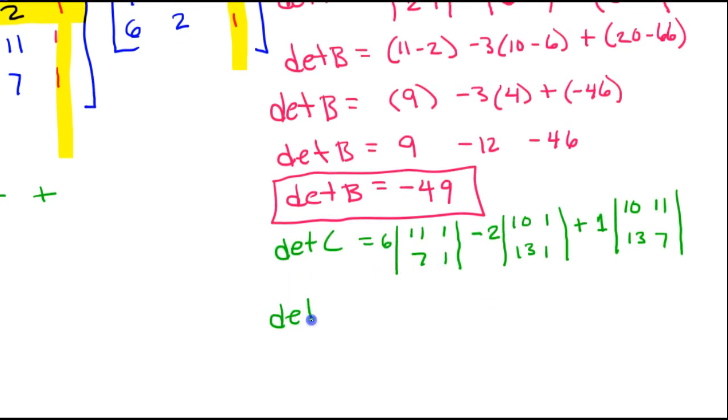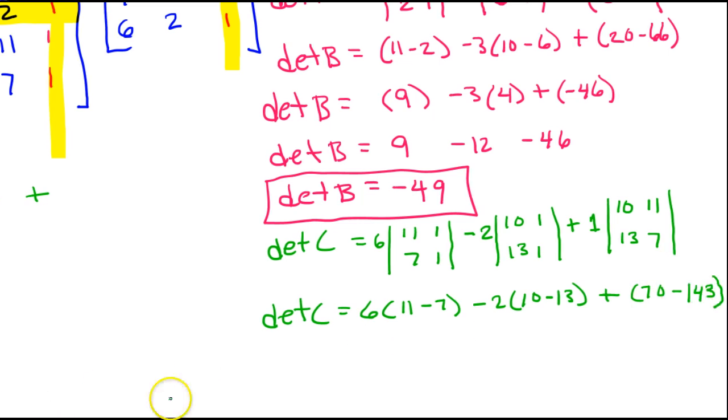So the determinant of matrix C is going to be 6 times down diagonal minus up diagonal, so that'll be 11 minus 7, and then negative 2 times down diagonal minus up diagonal, and then the 1's not doing anything, so I'll just have down diagonal, which is 70, minus the up diagonal, which is 143. I'm going to do the rest of these calculations off camera.